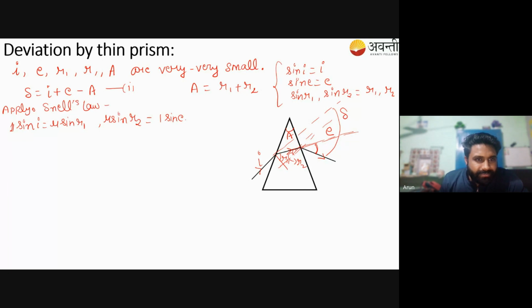So what do we have? We have sin i, meaning i, equals mu r1. And mu r2 equals e. Got it? Put this value in equation number 1.